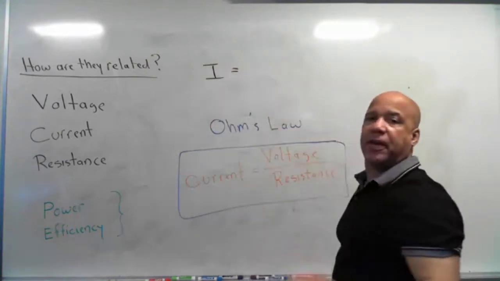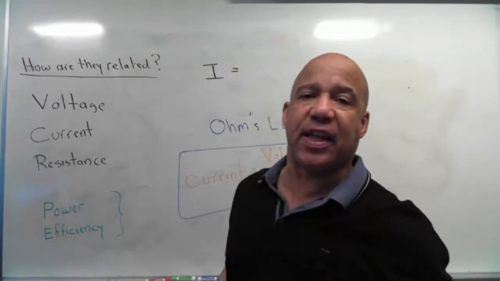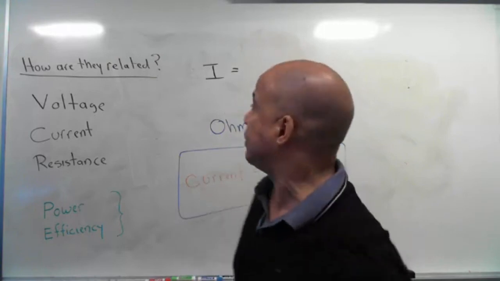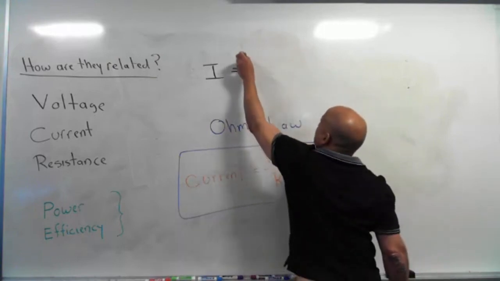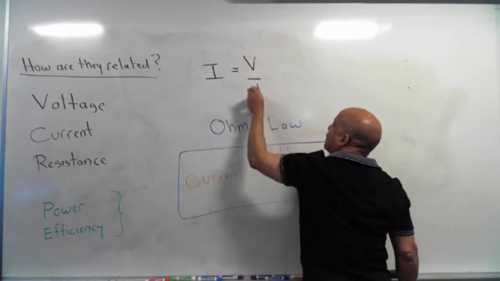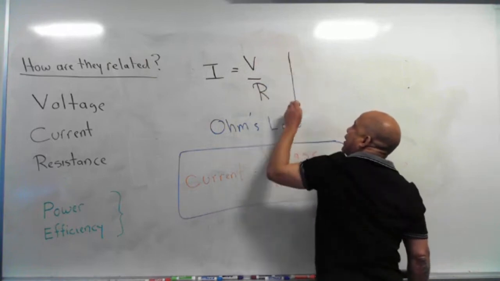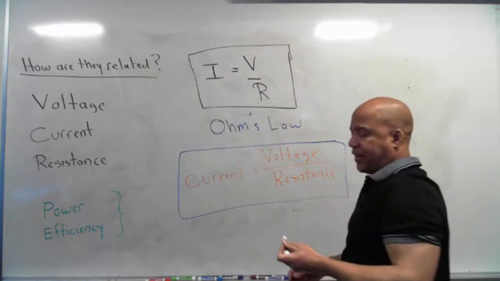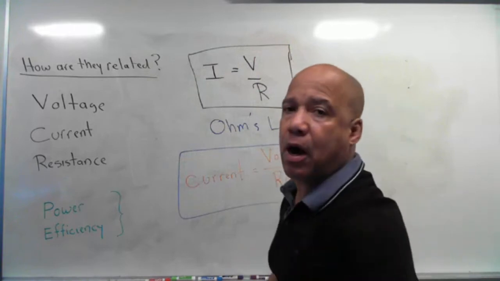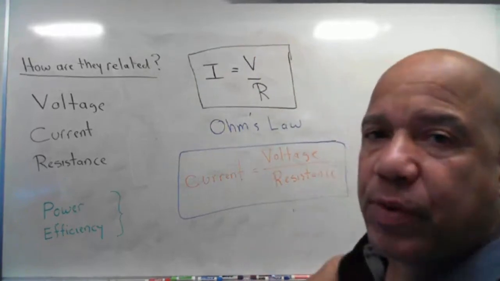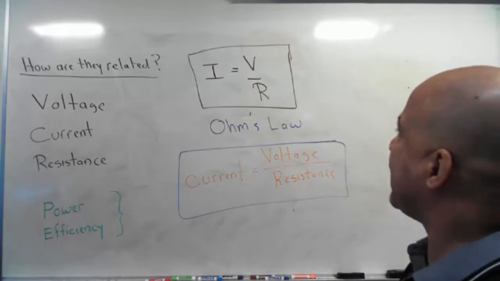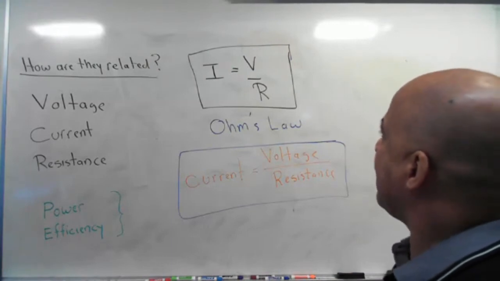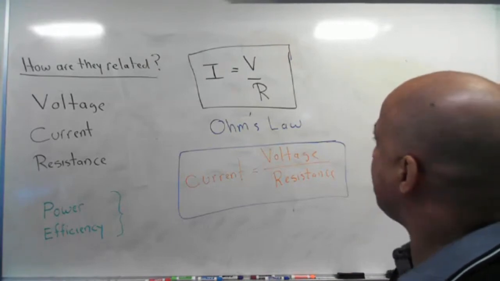We use a capital V as in Victor or E as in Edward for voltage. And we use R for resistance. So here is Ohm's law written out as an equation. And this is the fundamental law of electronics. Without this, we can't do anything. The simple relationship, I equals V over R.